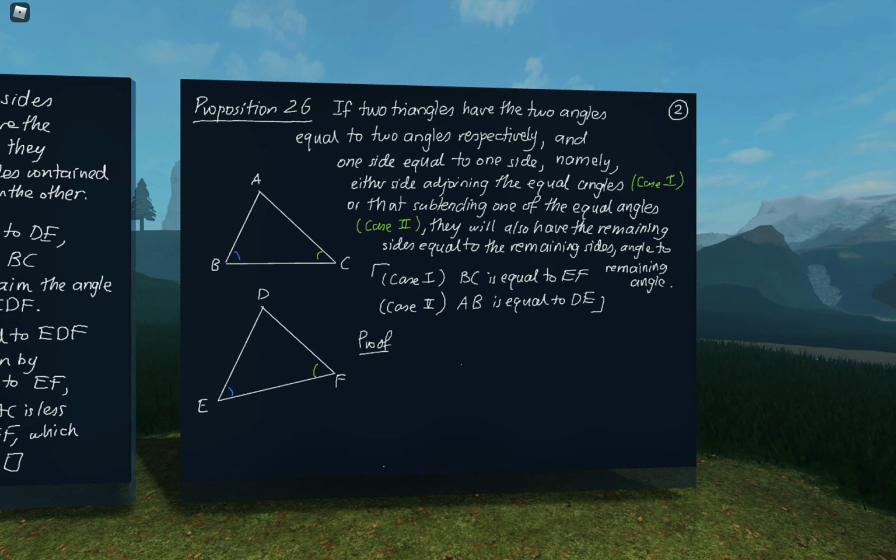All right. Okay, so in case 1, BC is equal to EF.